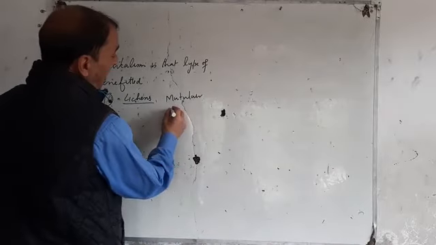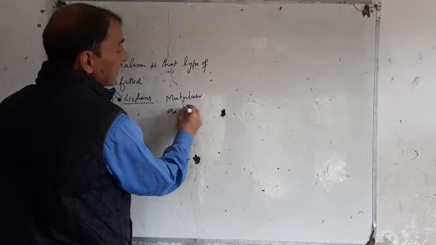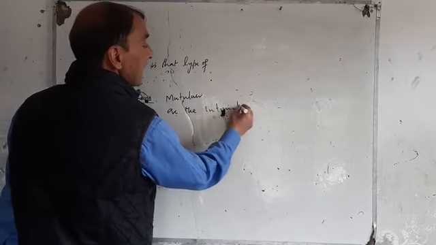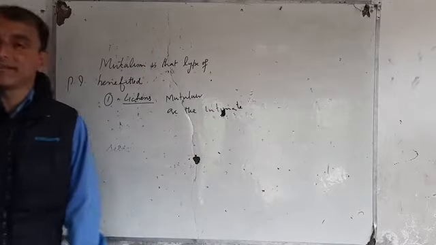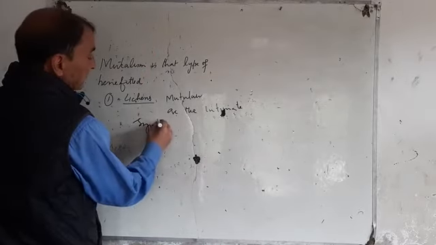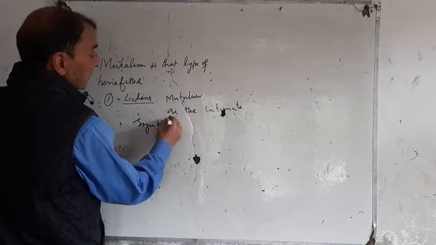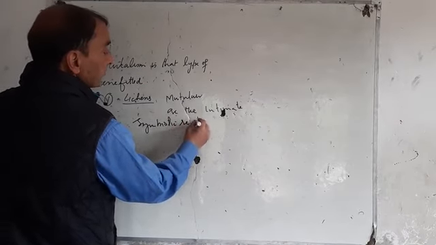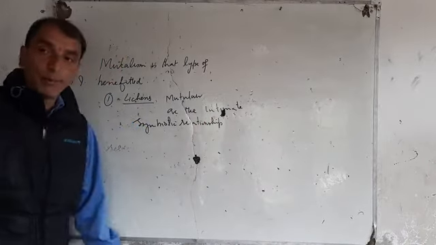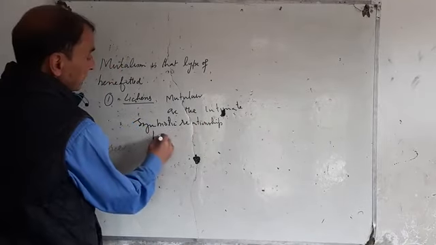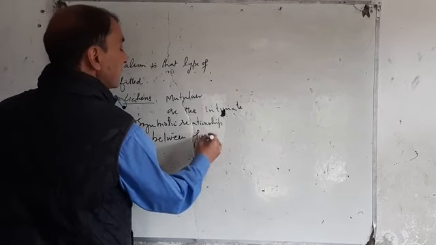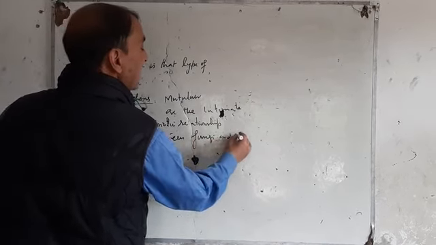Lichens are the intimate symbiotic relationship between fungi and algae.